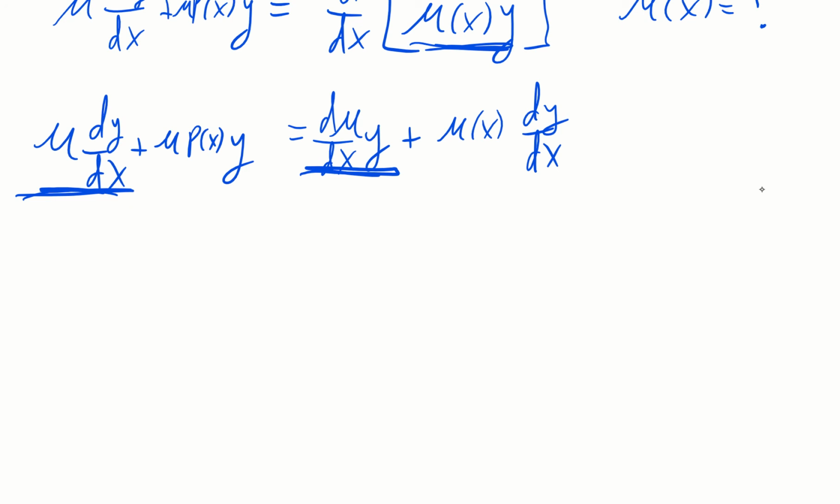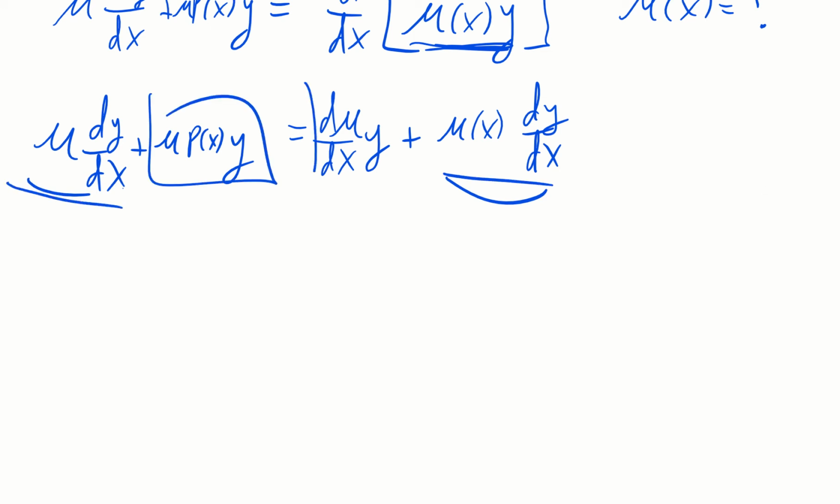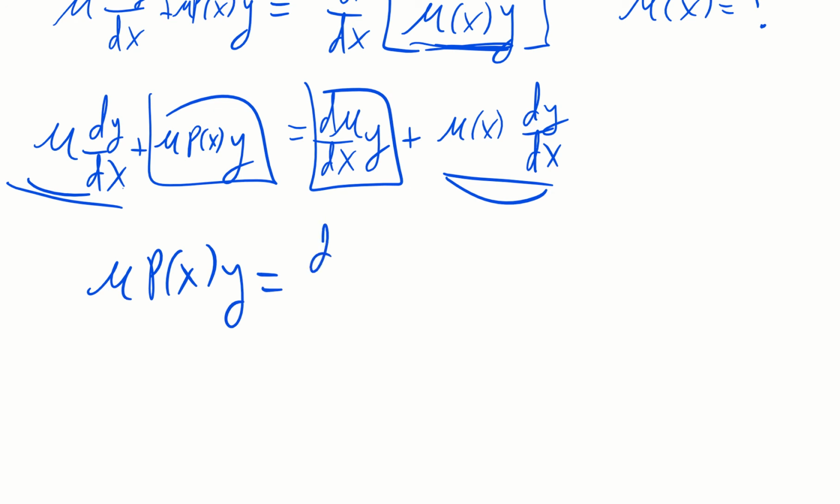These two terms are our two derivative terms with respect to x, and those are already the same on both sides. What we would now need is for these two things to be equal. In other words, we need mu times p of x times y to be equal to d mu dx times y.